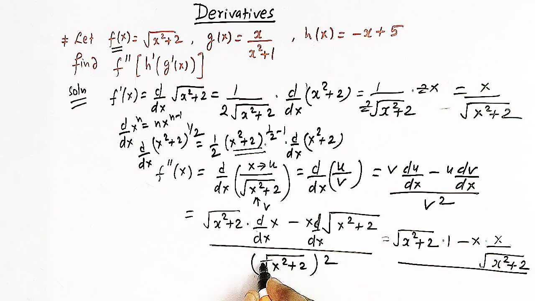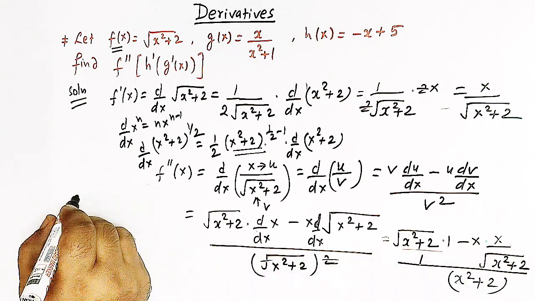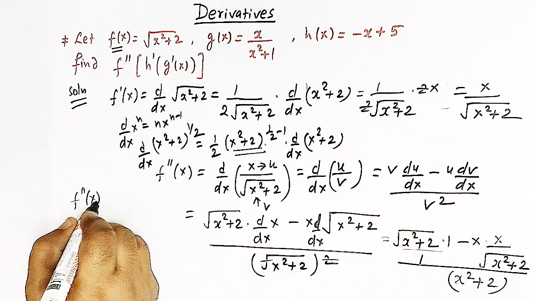So here the power half is cancelled with this 2, so we have simply x square plus 2.